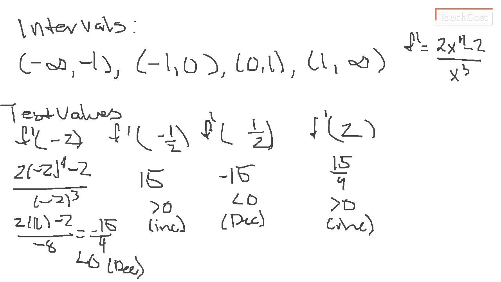But first, what we need to do is take the critical numbers and find out what points they are at. So our critical numbers, if you remember, were negative 1 and positive 1. So we're going to find f of negative 1 and f of 1.